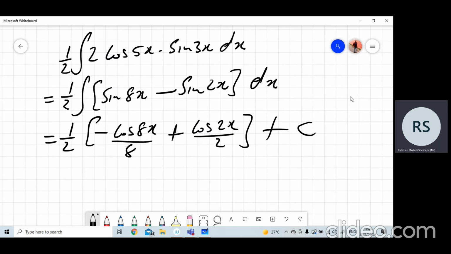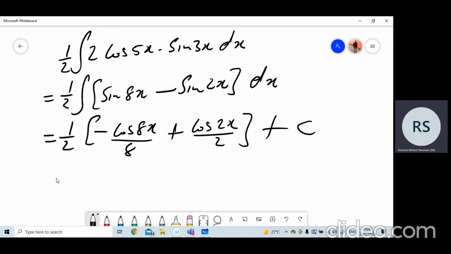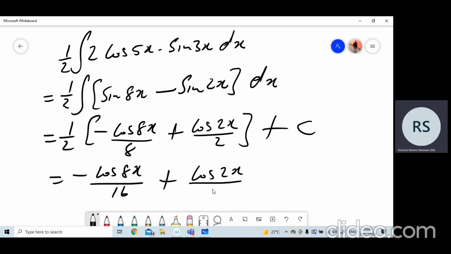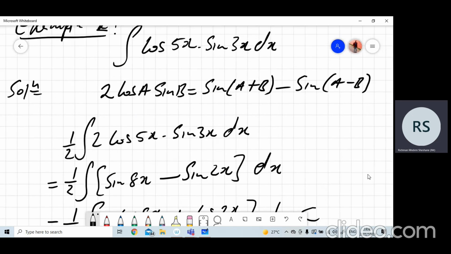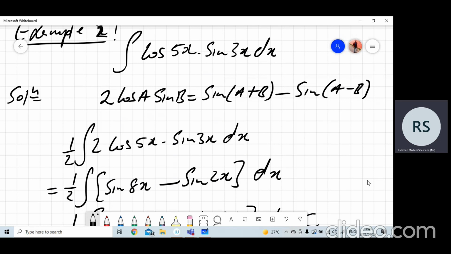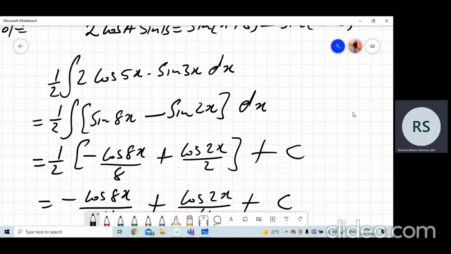And then you're done. You can multiply the minus inside: it's minus cos of 8x over 16 plus cos of 2x over 4 plus c. So this is the integral of cos of 5x sine of 3x dx.